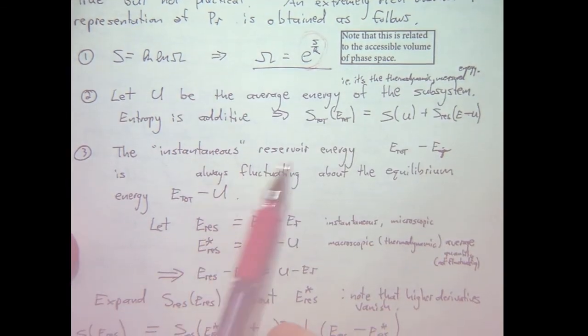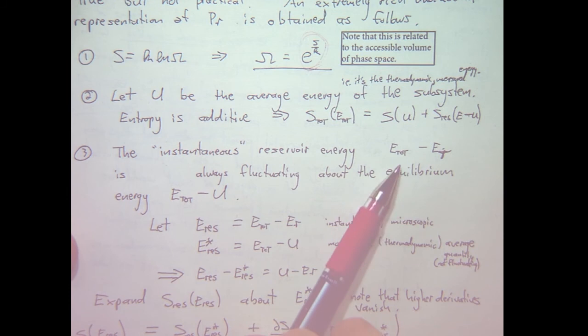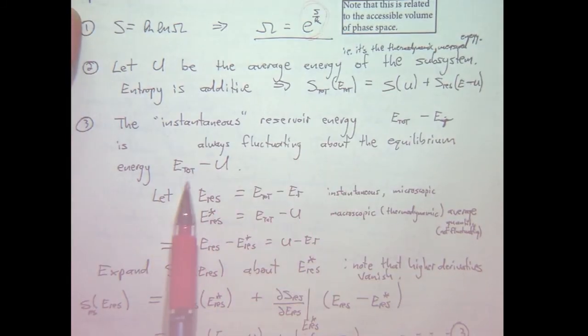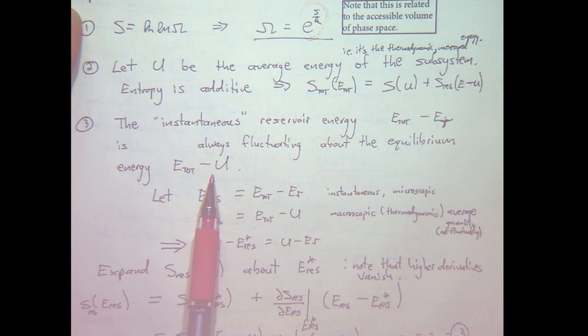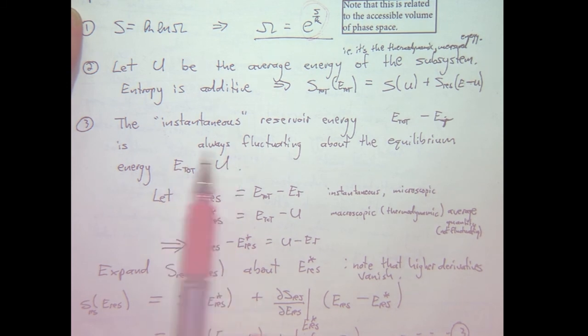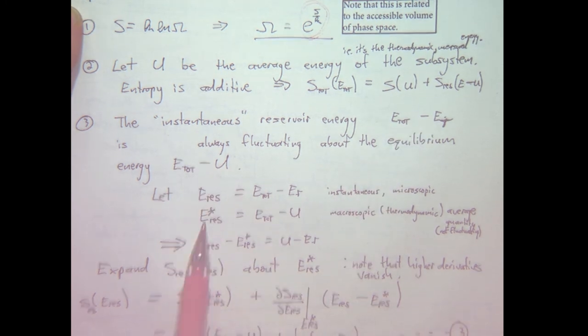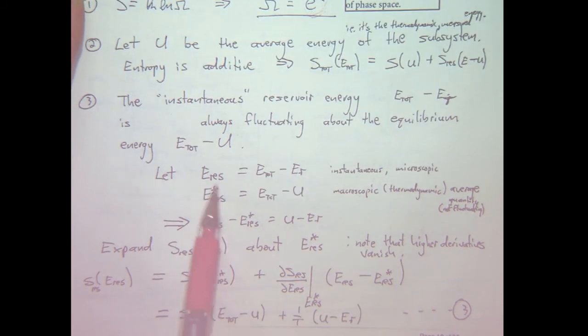The instantaneous reservoir energy is E total minus E sub R, and it's always fluctuating about the equilibrium energy, E total minus U. So this here is a constant energy because it's an average, and this one here is bouncing around this one. So E res is E total minus ER.